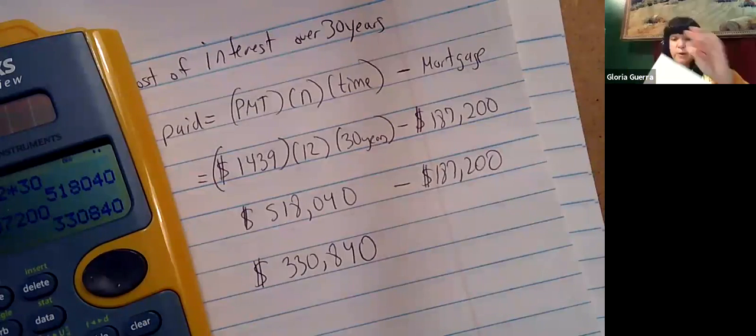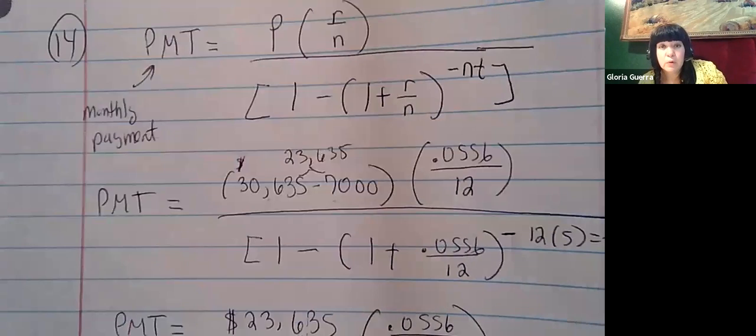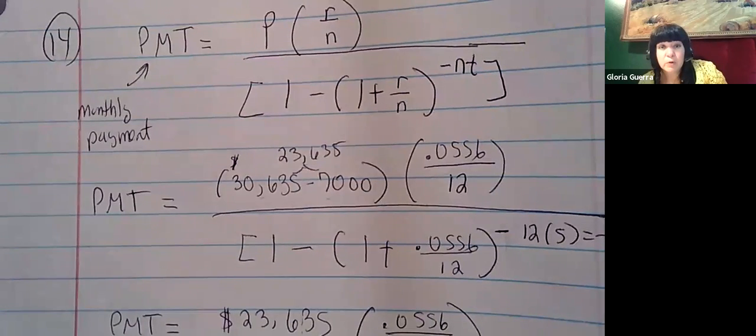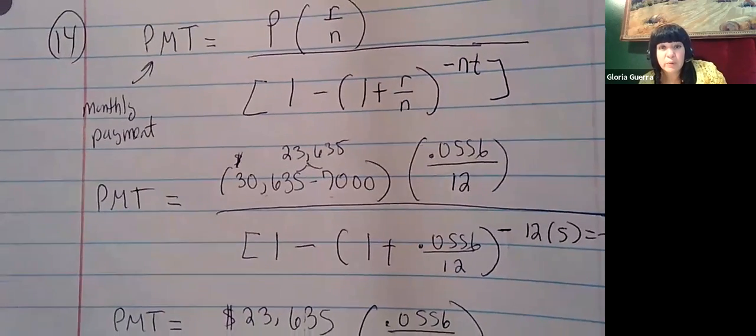Yeah, so let me go back to that problem. We did something like that earlier with the car. Yeah, we did something similar, number 14, where we were trying to buy a car and you put 7,000 down, and we were trying to find the payments.